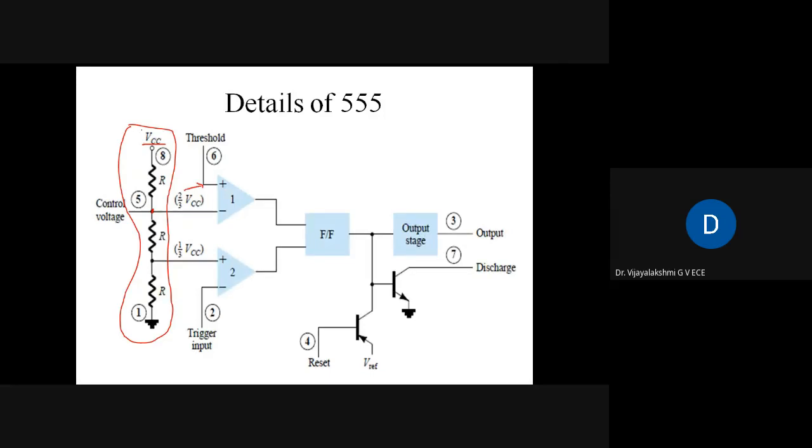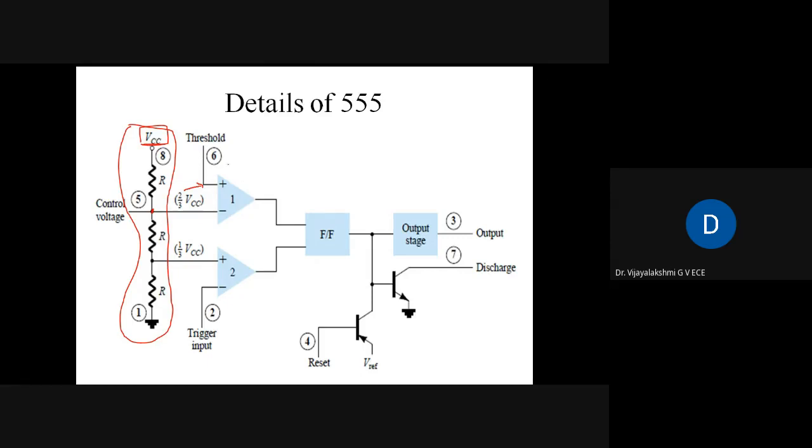You have this potential divider circuit which divides the voltage. What voltage does it divide? It divides the voltage that we are giving to pin number 8, that is VCC. So this VCC is divided into two voltages. One is 2/3 of VCC, the other one is 1/3 of VCC.